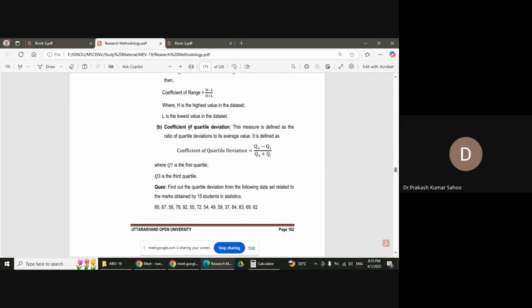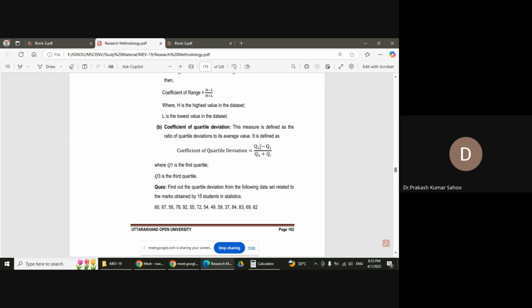Then similarly the coefficient of quartile deviation, which uses the first quartile and third quartile. For the coefficient of quartile deviation, the calculation will be q3 minus q1 divided by q3 plus q1.